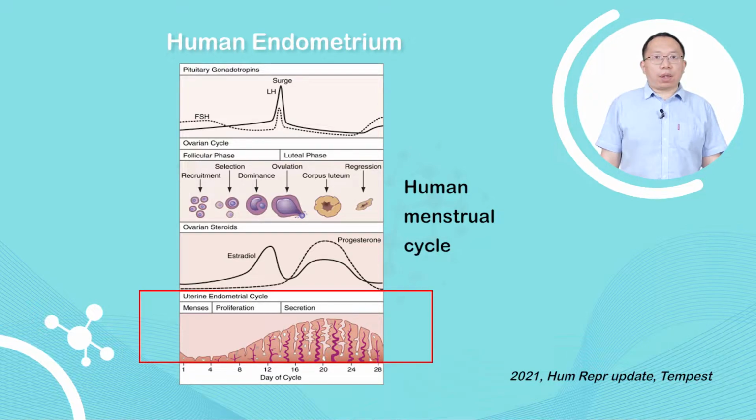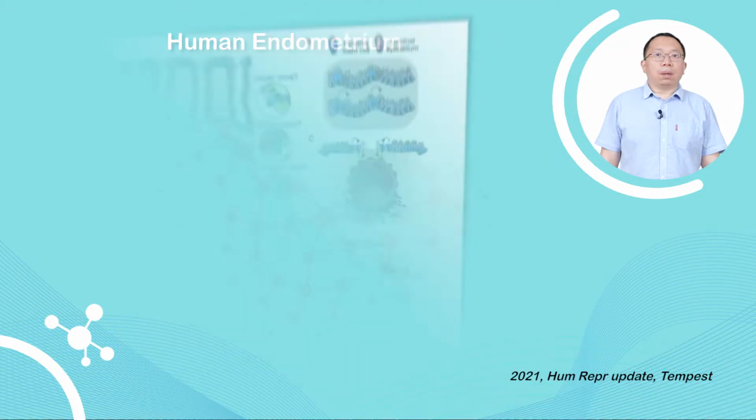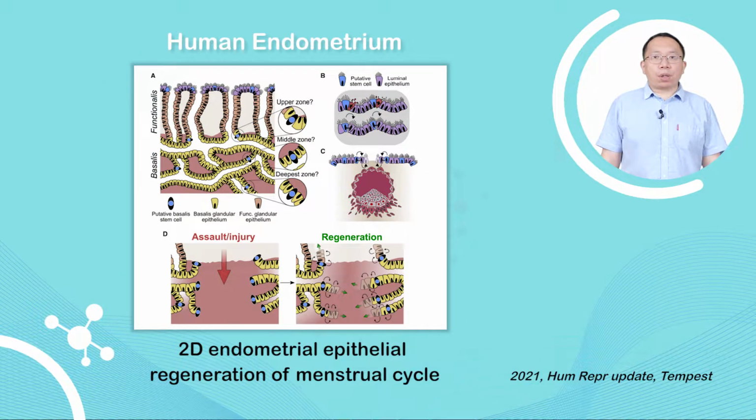During the secretory phase, differentiation and changes in cellular morphology occur owing to the increase in progesterone. The result is either embryo implantation, if the released oocyte is fertilized, or menstruation at the end of the menstrual cycle.